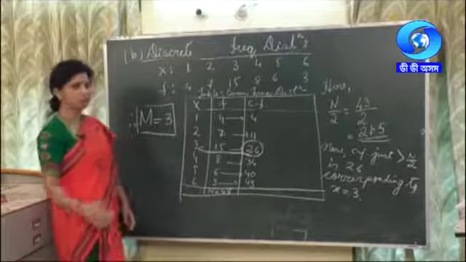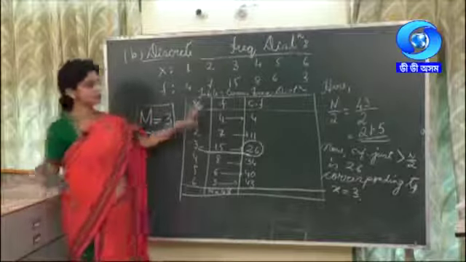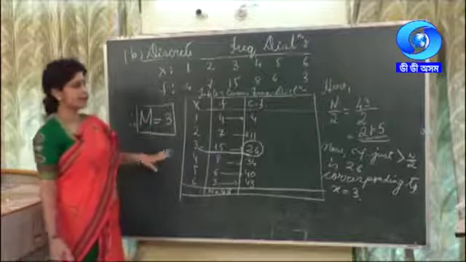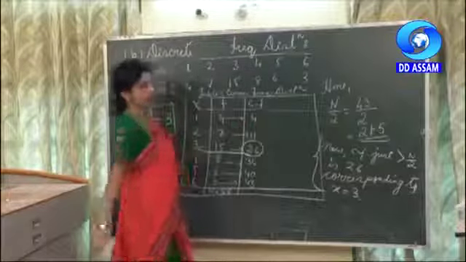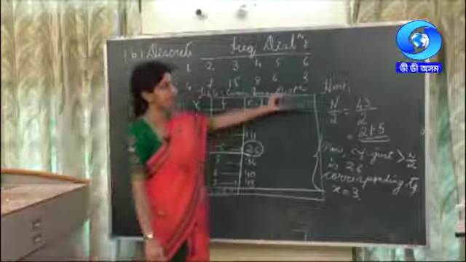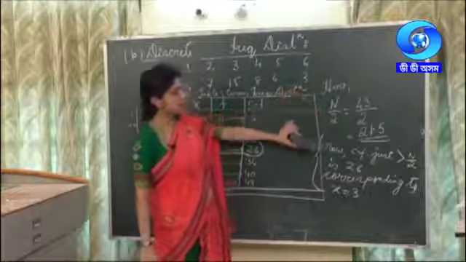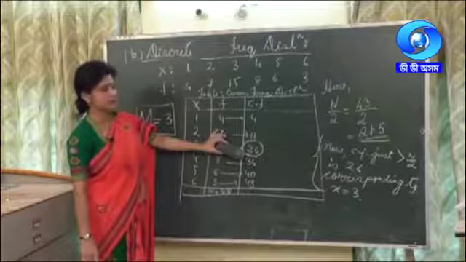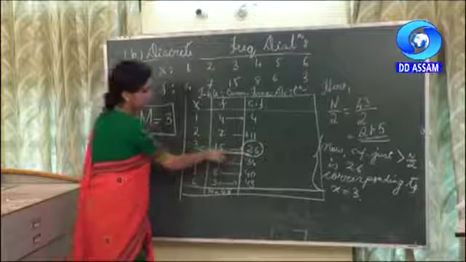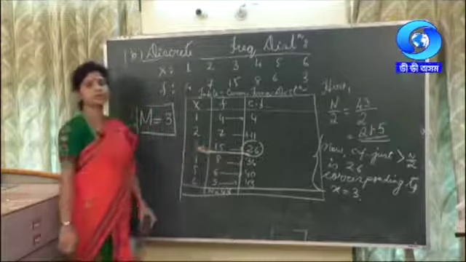We shall take up more sums later. So this is just for your understanding how to go for it after construction of the table. You will find n by 2 and then you will look for the cumulative frequency just greater than n by 2 and the corresponding value will give you the median value.